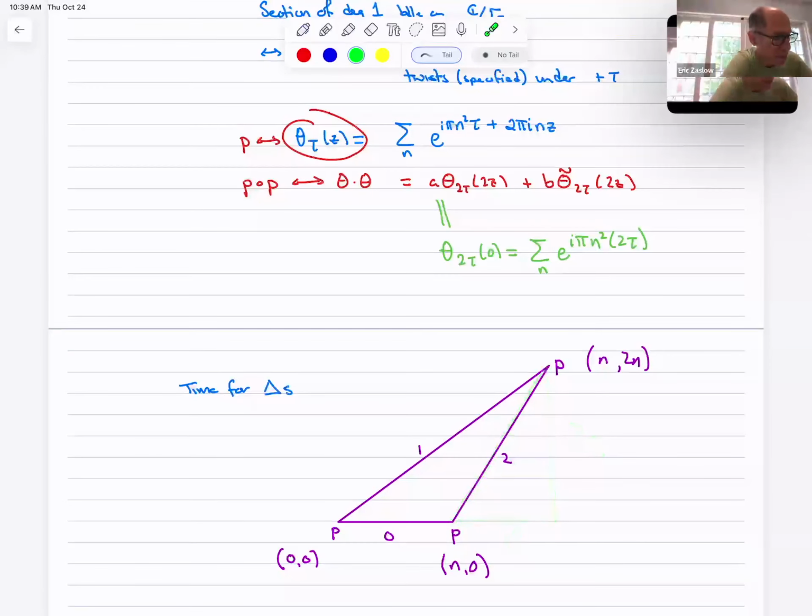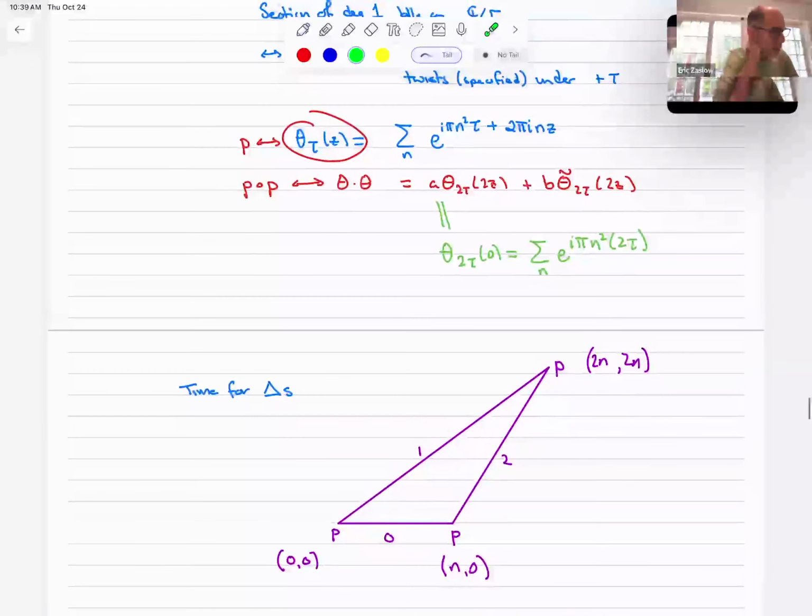And then I get to, oh, it's 2n comma 2n. Yeah, that's right. Now this is slope 1, and this length here is 2n. So this is 2n comma 2n. All right, good. We did it carefully. We got the right answer. Thankfully, we had time.